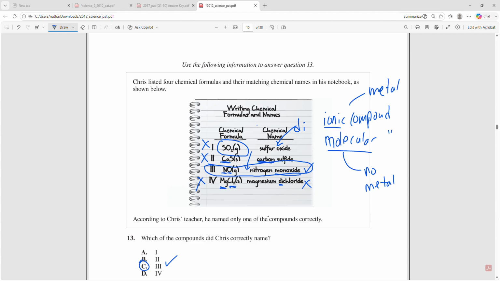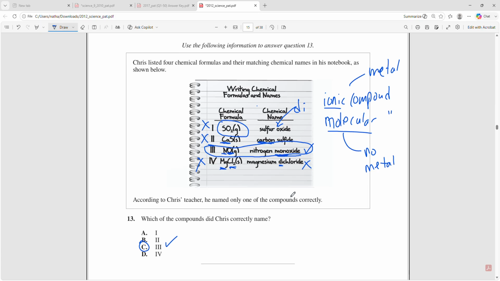Okay, but in this case, we don't need to put any prefixes on nitrogen because that's a rule for molecular compounds that we only use when there's a single atom of something in the compound. We use mono, but only on the second one. But all the other prefixes can go on both.